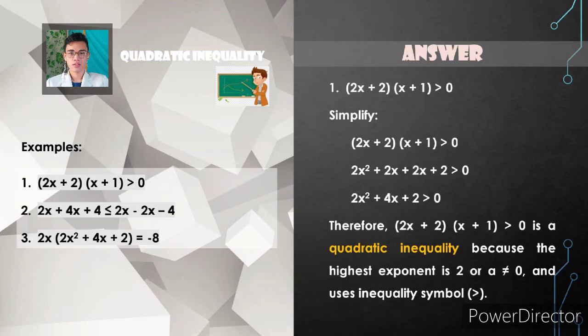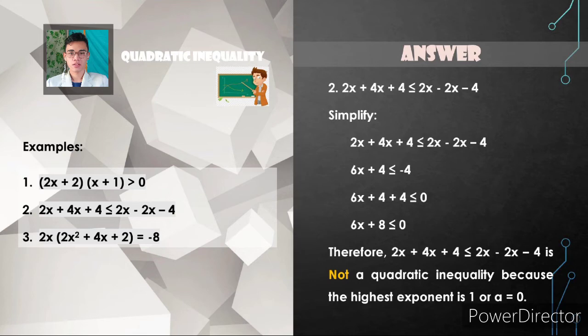So we have 2x squared plus 2x plus 2x plus 2 is greater than 0. Then add like terms. So we have 2x squared plus 4x plus 2 is greater than 0. Therefore, the quantity of 2x plus 2 times the quantity of x plus 1 greater than 0 is a quadratic inequality because it has a highest exponent of 2, or a is not equal to 0, and uses an inequality symbol.